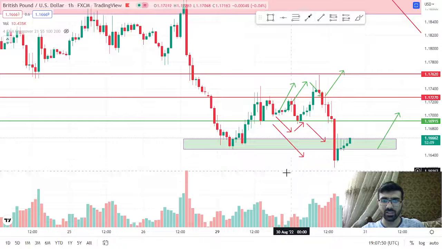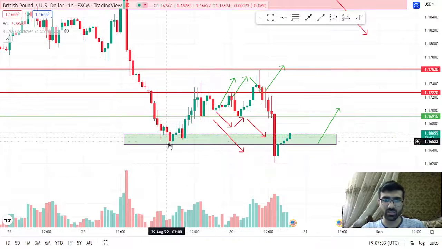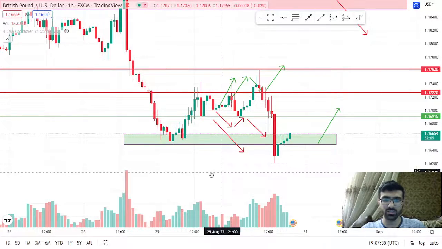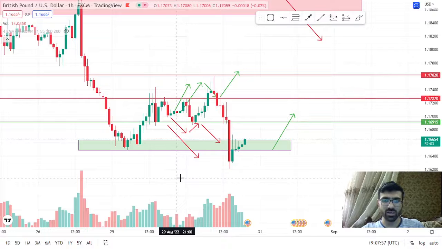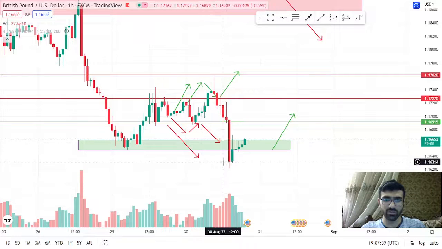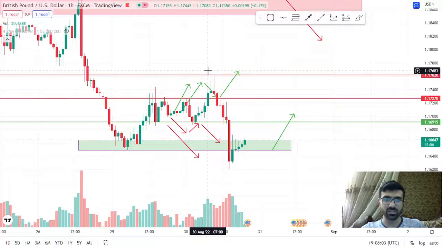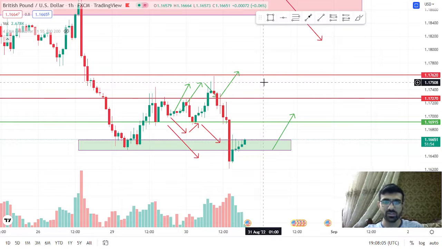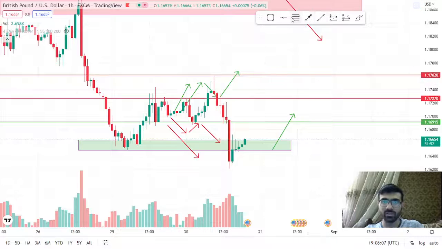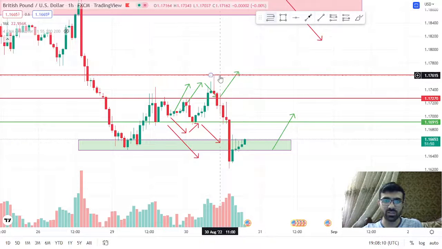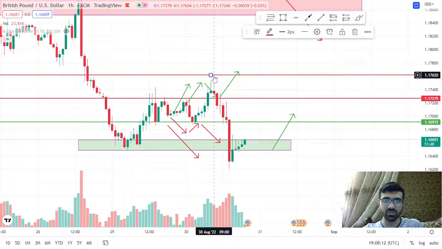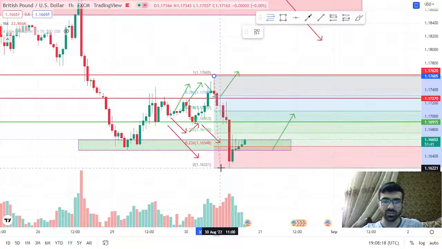Okay, now let's go back to the 1 hour chart and discuss the possible scenarios for today. You guys can clearly see that our recent swing low has been broken, and now this is our new swing low, and this is our recent swing high. So I am expecting, let me just mark Fibonacci levels for you guys, so you can have a better idea of how much retracement might be expected.